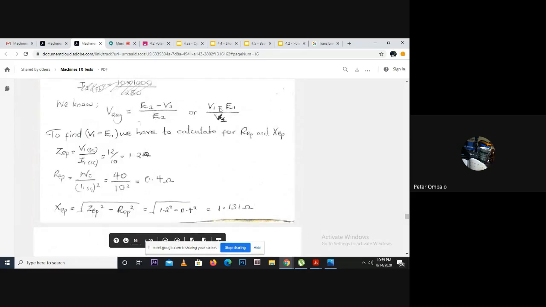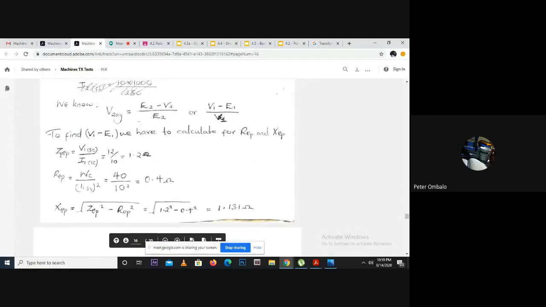So to find, or we can also get it by V1 minus E1 over V1. So to find V1 minus E1, we have calculated the equivalent resistance according to primary, because now we are working with ones, we are referring to the primary. And we also have the reactance according to the primary.